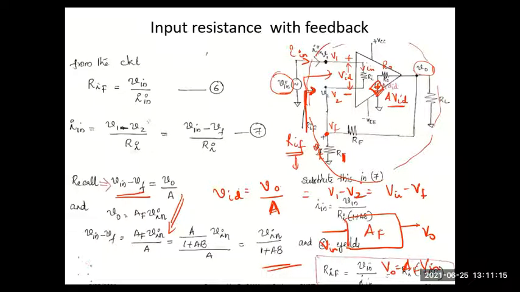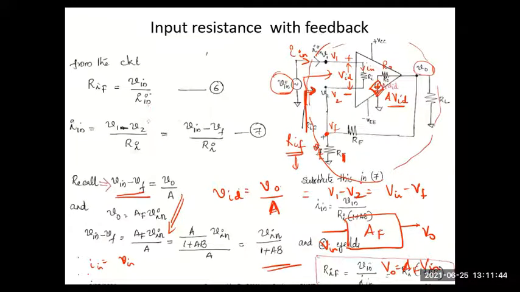Therefore, what happens to Iin? This Iin, which is Vin minus Vf by Ri, I can write it in terms of this Vin, and can I write it in terms of Rif? What could you define Rif as?